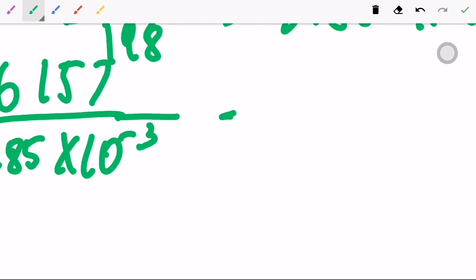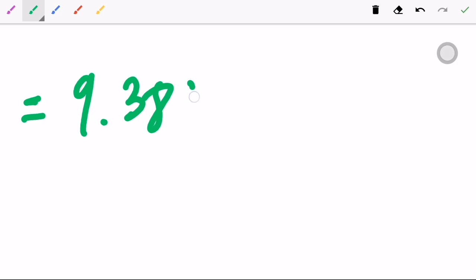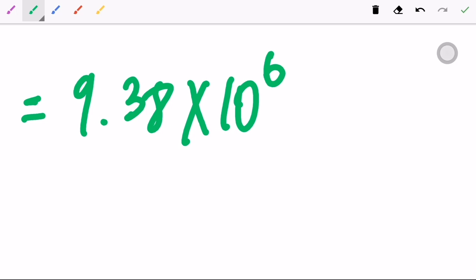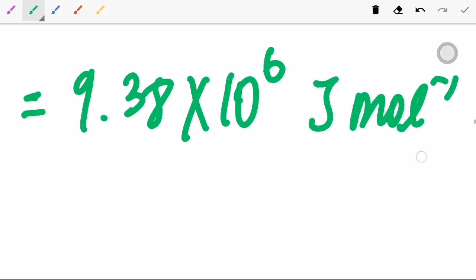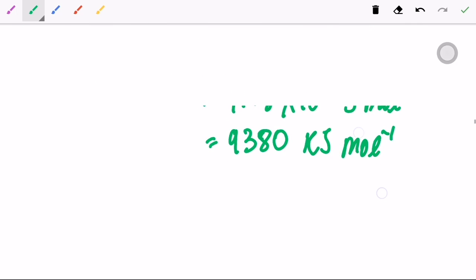That gives 9.38 times 10 to the power of 6 joule per mole, which we can simplify in the standard way of writing energy in chemistry.